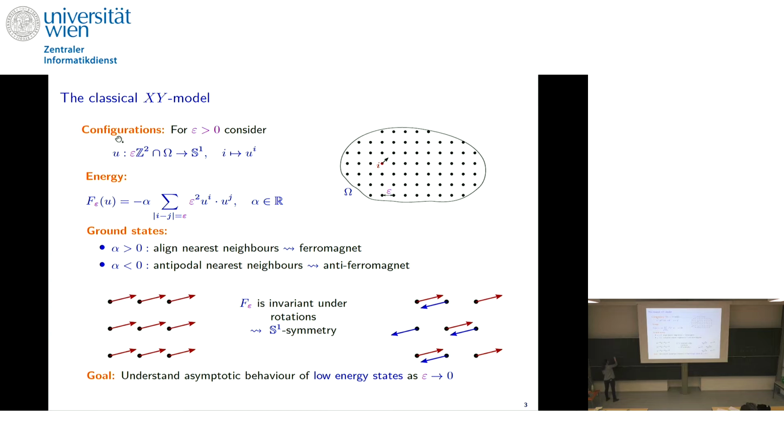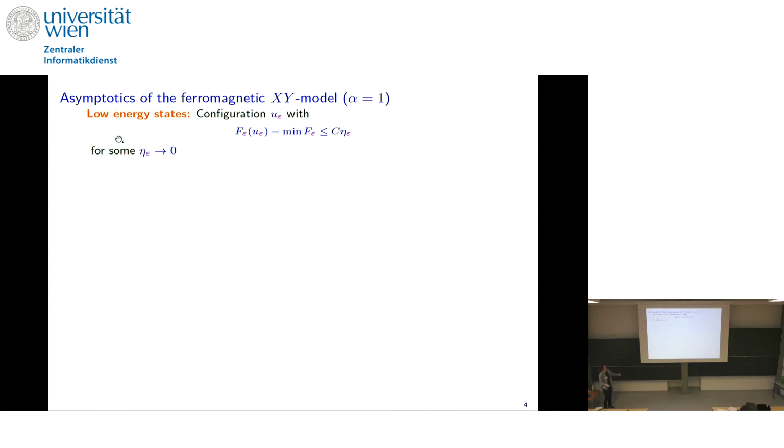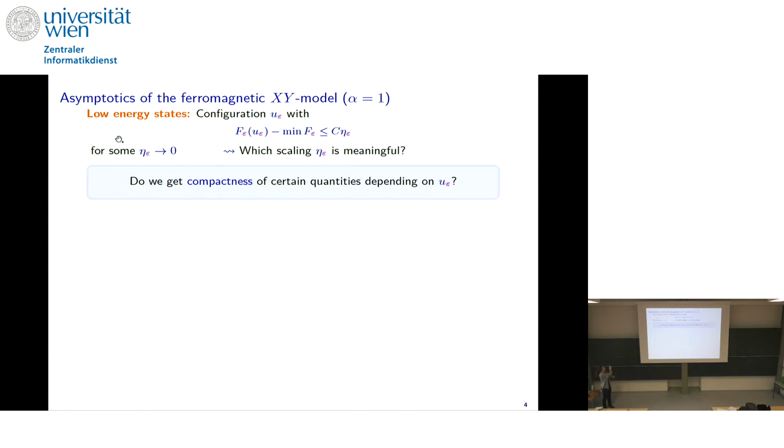Okay, and then I probably want to put the epsilon squared. So this is my energy if I remove the ground state.